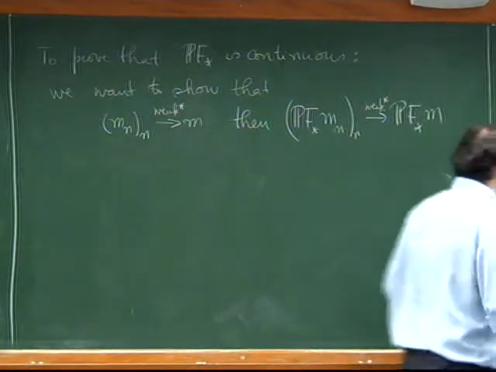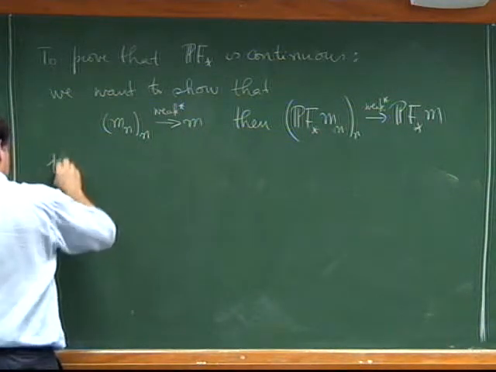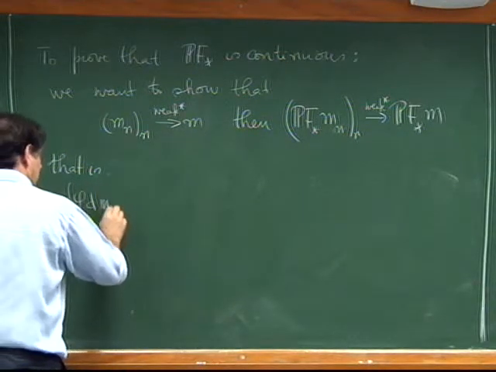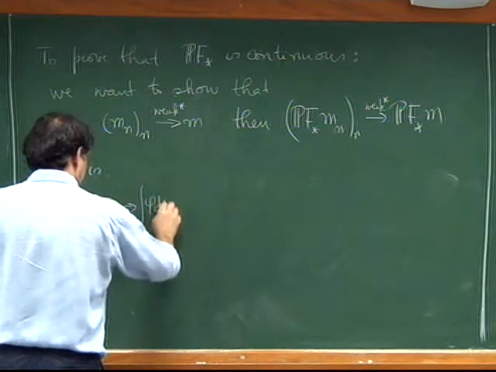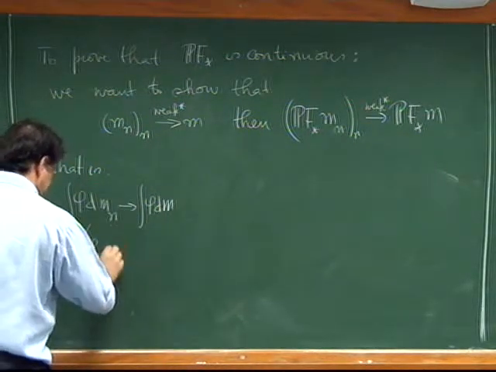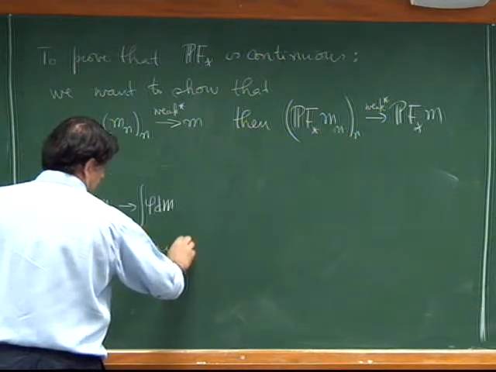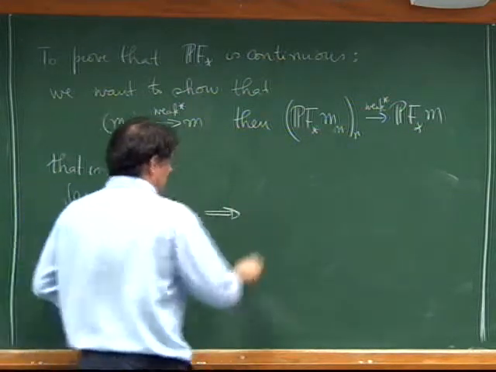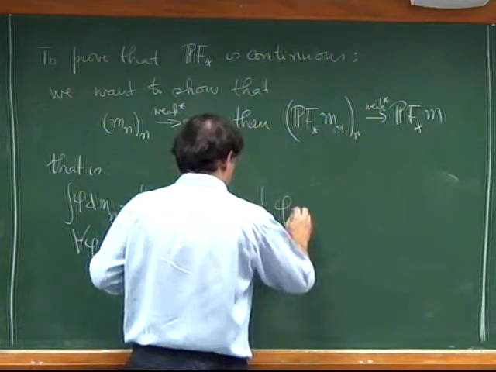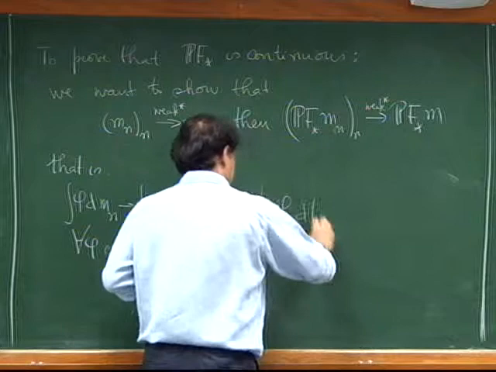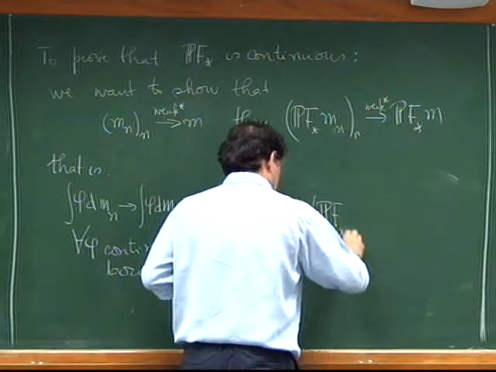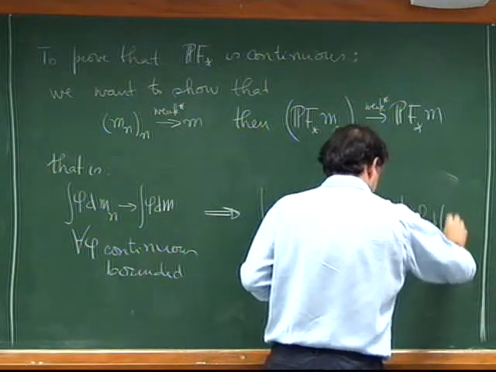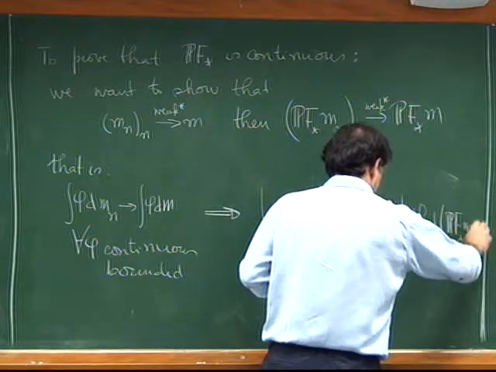And I'm going to use the definition. If the integral of phi dmn converges to the integral of phi dm for any phi continuous and bounded, then the integral of phi d pf star mn converges to the integral of phi d pf star of m.